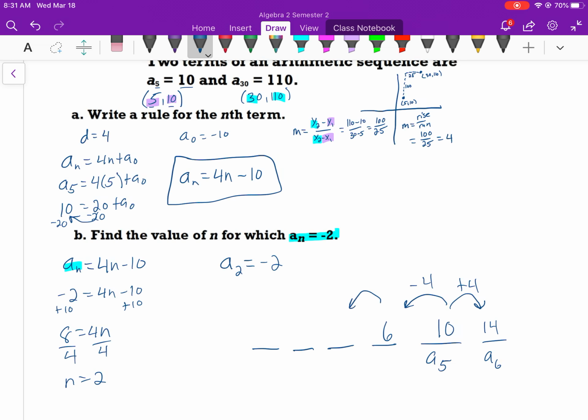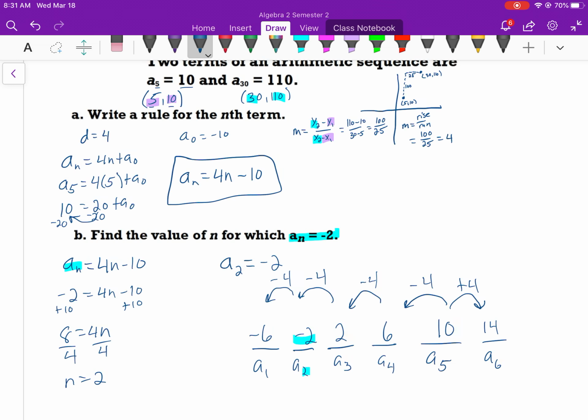Okay, and if I want to go again, 2, negative 2, negative 6, and that confirms it. Negative 2, that is the second term of the sequence.